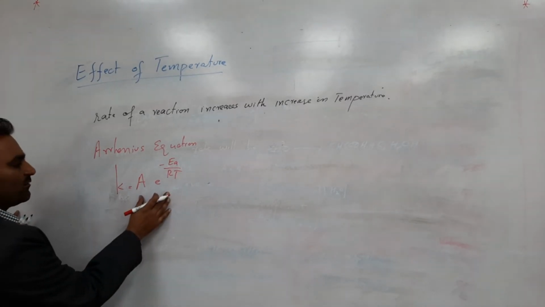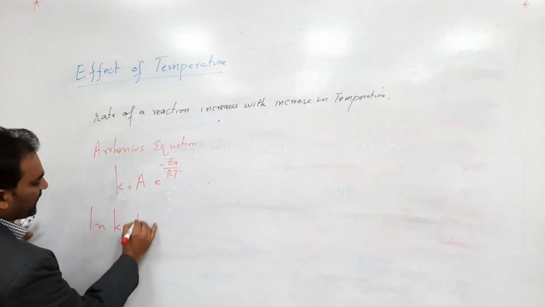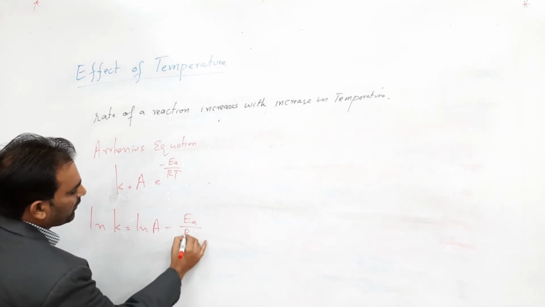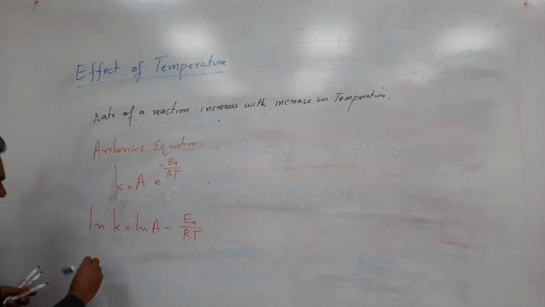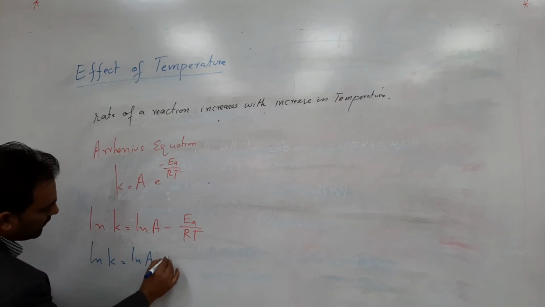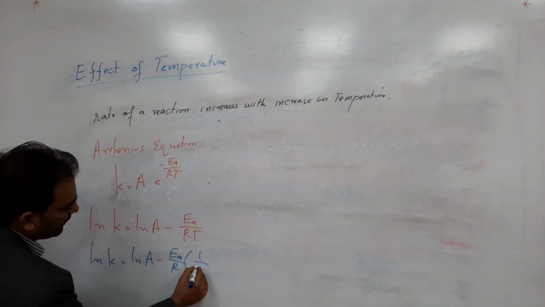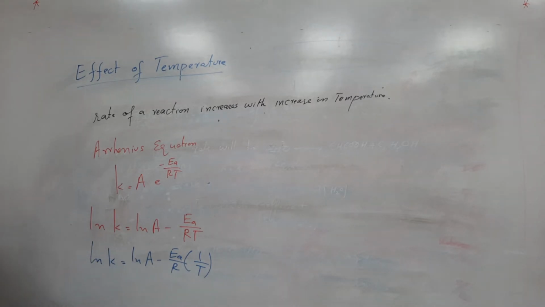While taking log on both sides, this equation will be natural log of K equals natural log of A minus E A over RT. This is because we are going to find the relation between rate constant and temperature.